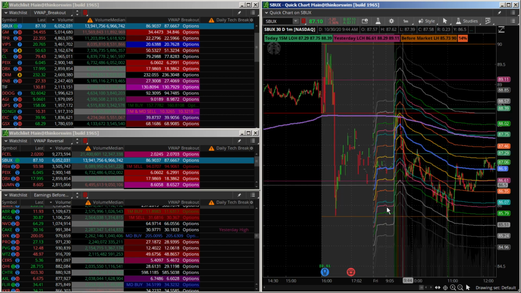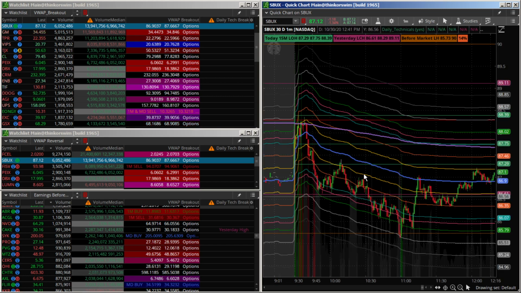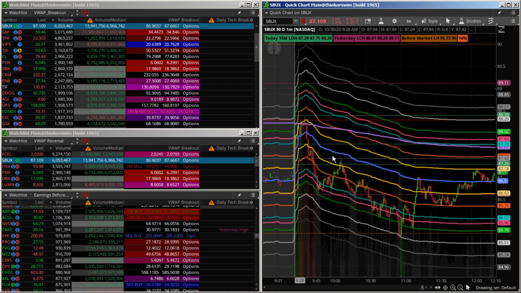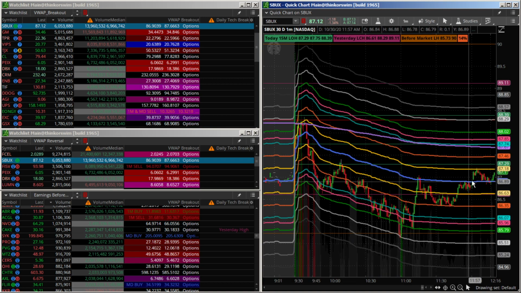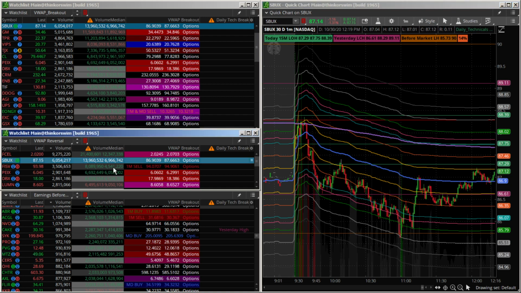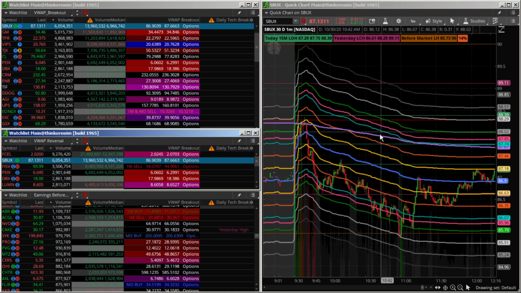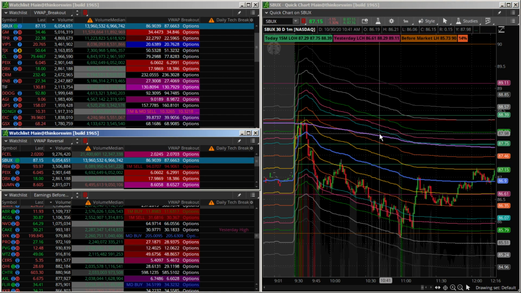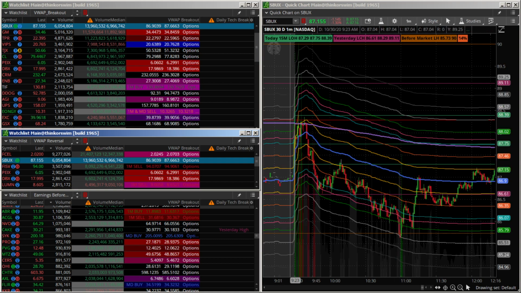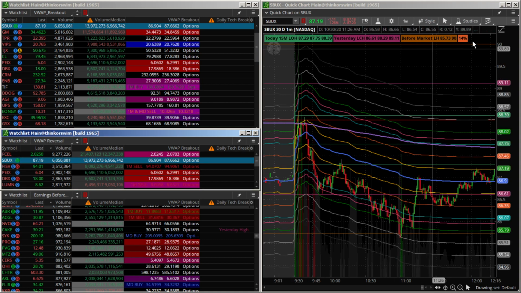So 14% of the daily range of Starbucks was under the VWAP. So the middle scanner tells me when there might be a reversal to the mean. So either it's going to break VWAP or bounce off of it. The middle scanner, when we're at VWAP reversal, it's 80%.